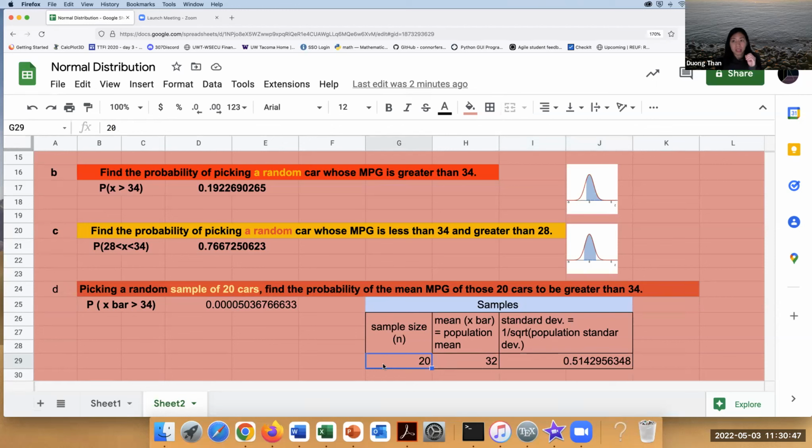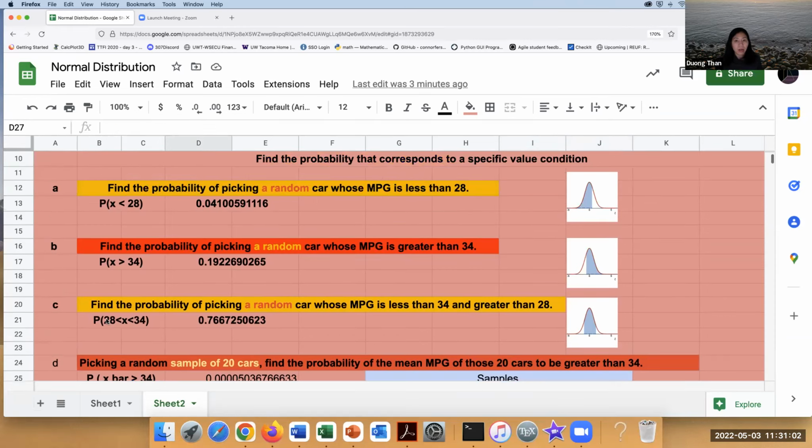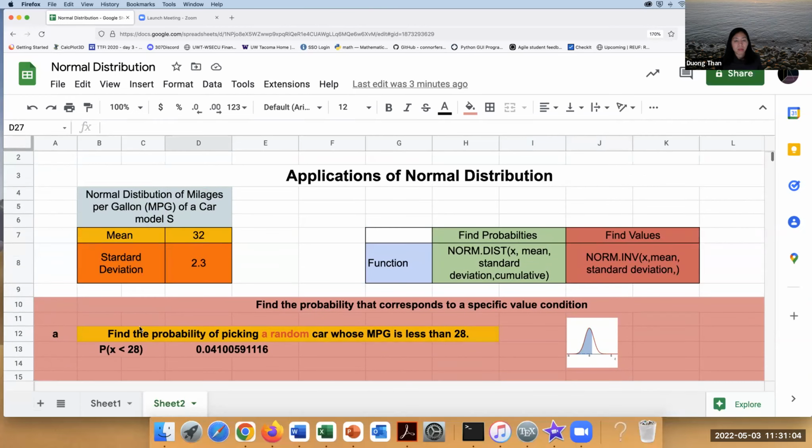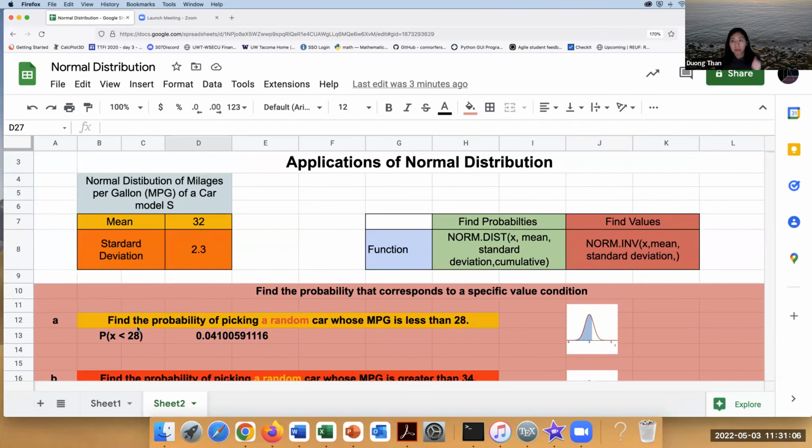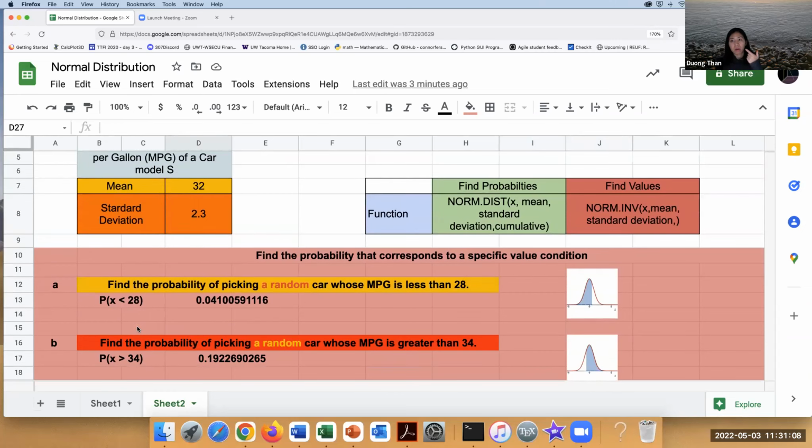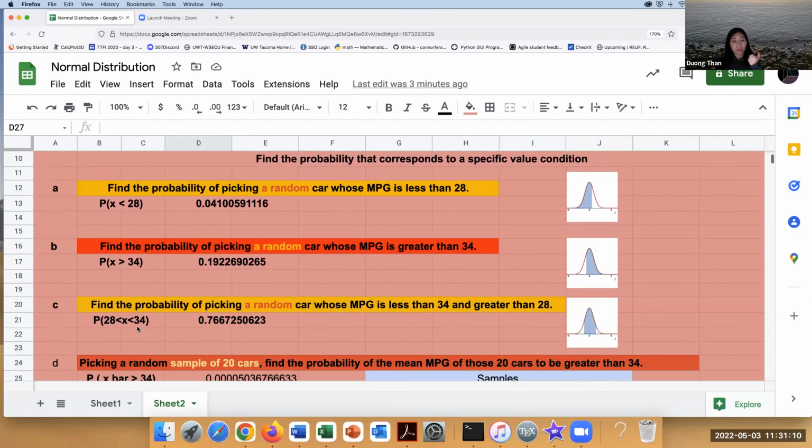As the sample size increases, the standard deviation decreases, so your normal distribution curve gets narrower and narrower. These problems are about finding the probabilities of picking either a random car or a random sample of 20 cars.